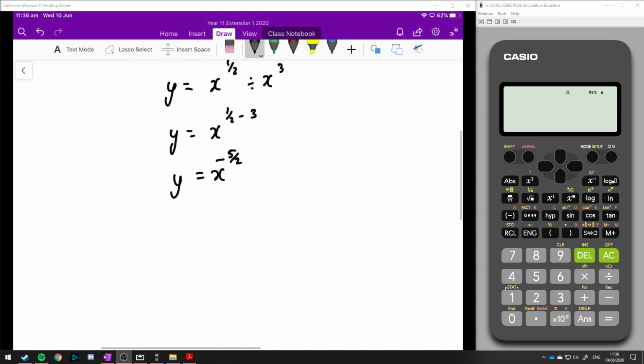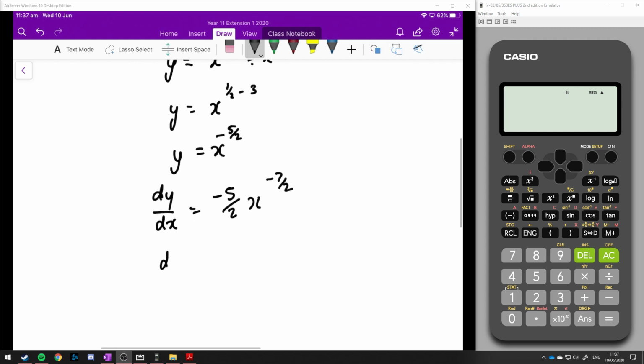To differentiate this, dy/dx, we take the negative 5 on 2 to the front. Then we subtract 1 from the top. So 2 over 2, so it's going to be negative 7 on 2. So putting it back in, dy/dx is equal to negative 5 over 2 x to the negative, well, it's not going to be negative because it's on the bottom, so it's going to be 7 over 2.